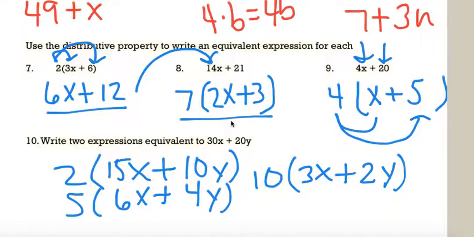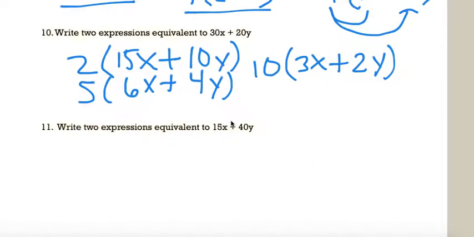Okay, let's take a look at number 11. Again, pause the video, see if you can come up with 2 more expressions for 15x plus 40y. Remember, you're coming up with a common factor that they both can use. Now pause the video. Okay, now let's think about a common factor they both have. The first one that comes to mind is 5.